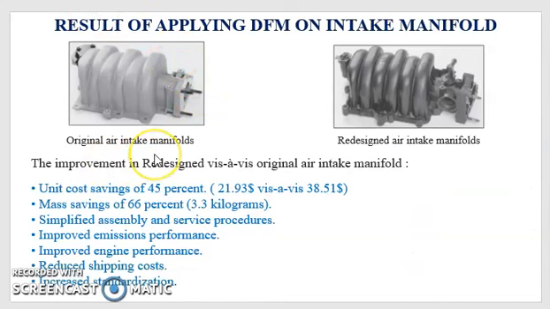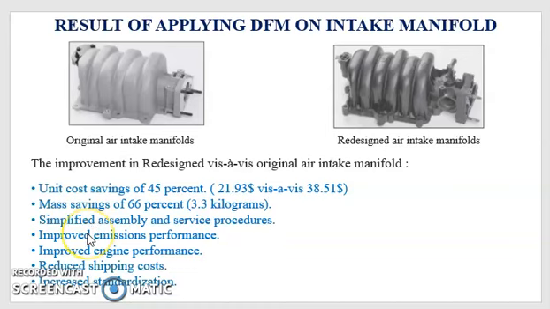Based on the cost estimate presented in the previous slide, the redesigned air intake manifold offers the following benefits: a saving of about 45% in unit cost, and a mass saving of about 66% or 3.3 kilograms has been achieved. We get a simplified assembly and service procedure that would considerably save the cost of the assembly.